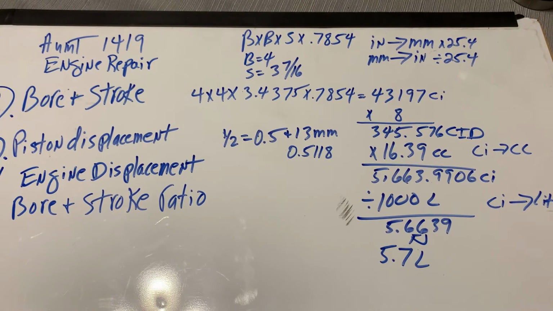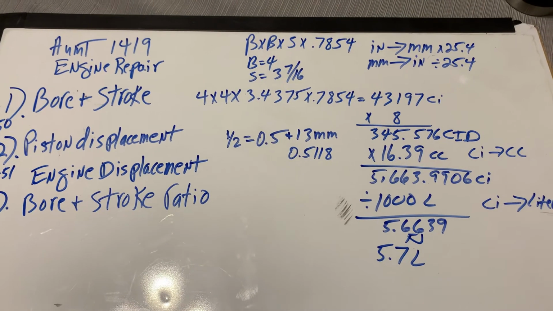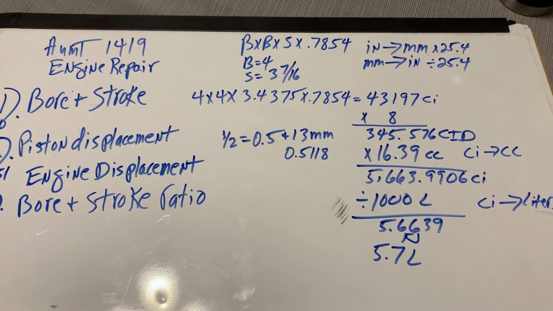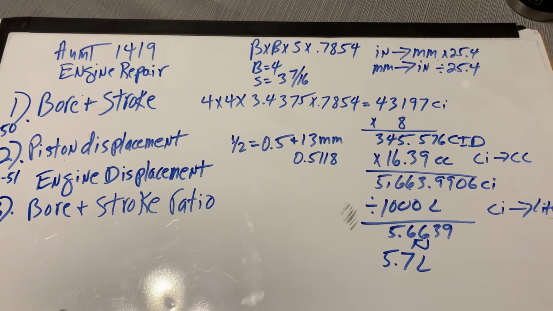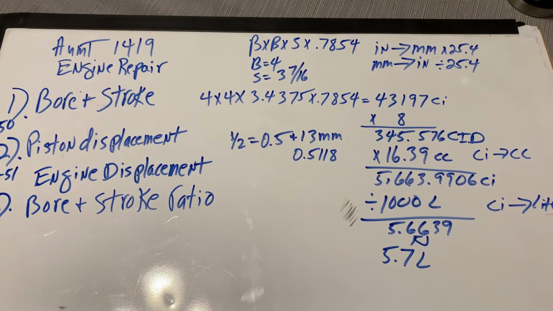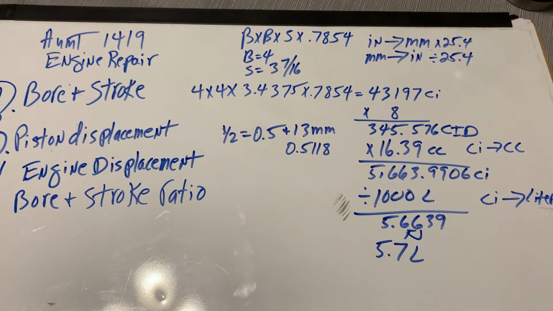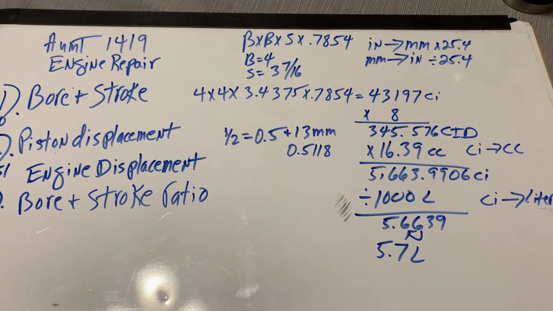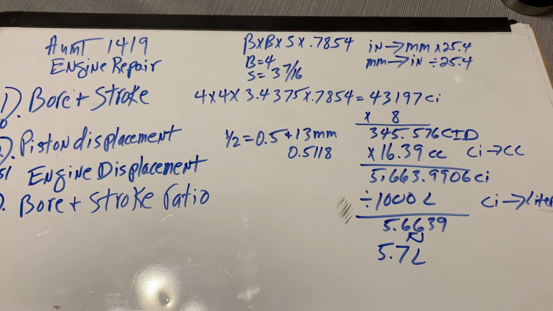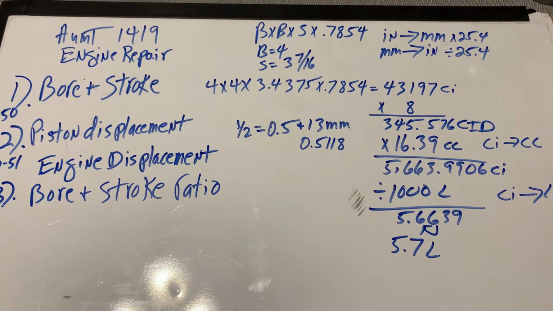Okay, so if we have metric specifications for our bore and stroke, we have to convert that into inches, because it won't work with the formula we have: bore times stroke times 0.7854. So we're going to divide our bore by that 25.4 to get the conversion from millimeters into inches.